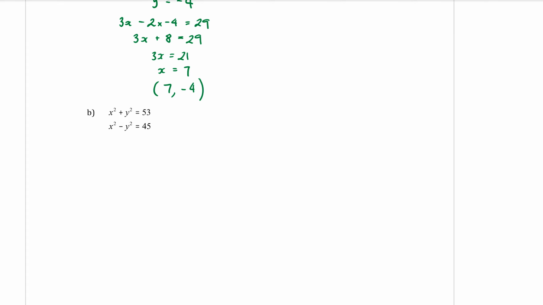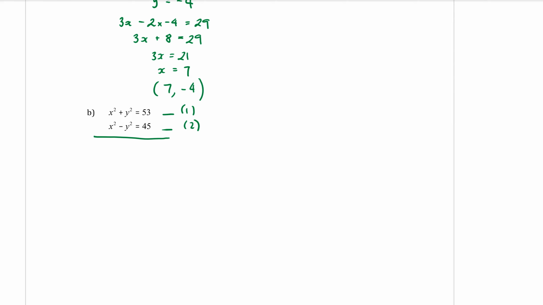My x's have got the same coefficient, so I can subtract them, I can eliminate them, or the y's if I wanted to add them, okay? So very rare, but it does happen. I'm not doing substitution, I'm doing elimination. There we go. Equation 1 and equation 2, I am going to subtract them.